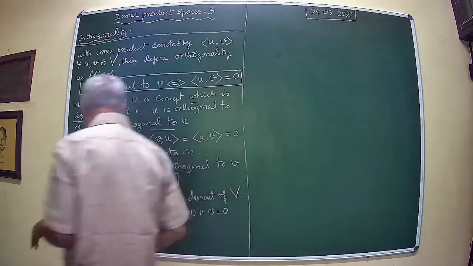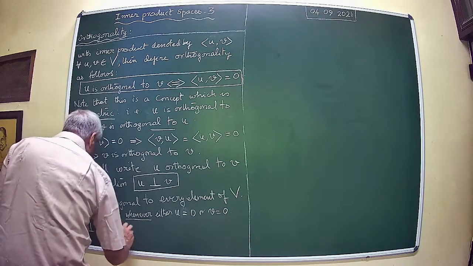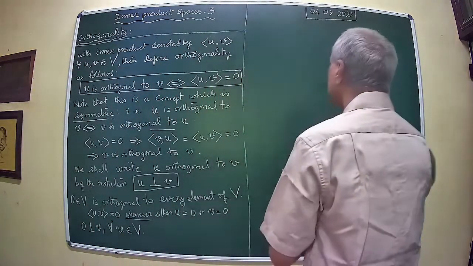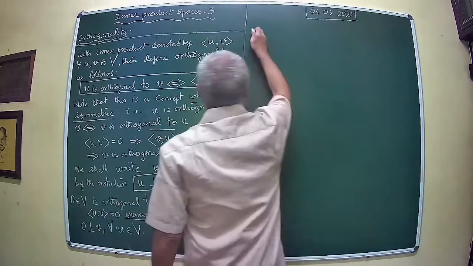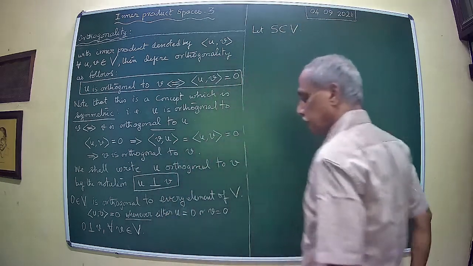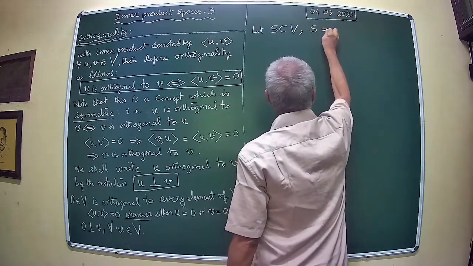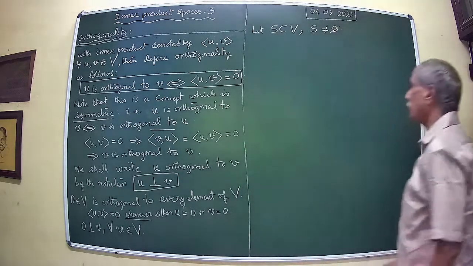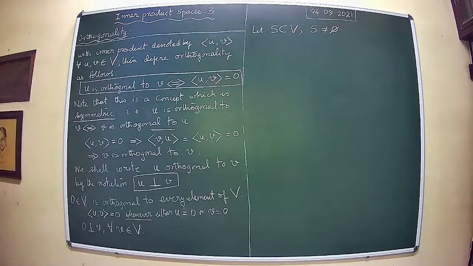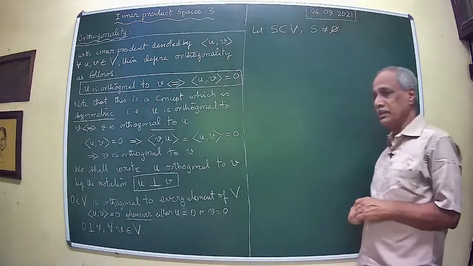Let S be a non-empty subset of V. I am not attributing any specific structure, except that it's a subset of V, but otherwise no other structures, no assumptions are made.